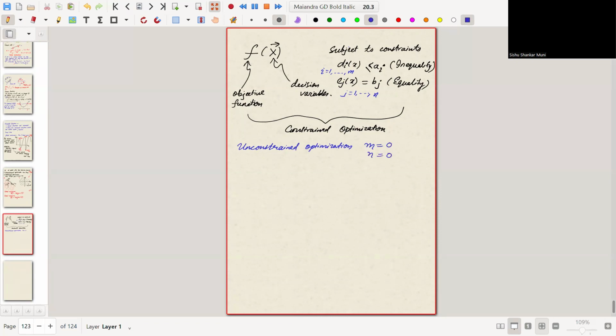Is it clear? If you have M equals 0, N equals 0, then there is no constraint, because i is going from 1 to M, so you are already setting M to 0. So that means there is no constraint involved. In that case, it is known as an unconstrained optimization problem. And you must have heard some terms like linear programming.